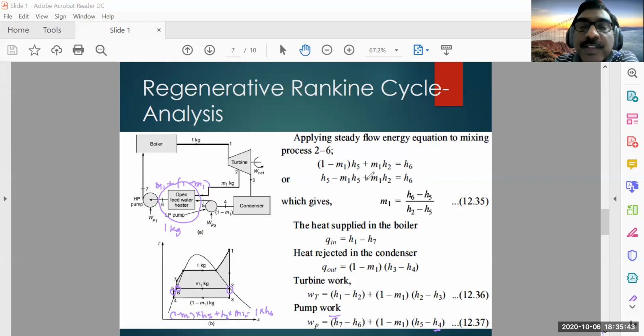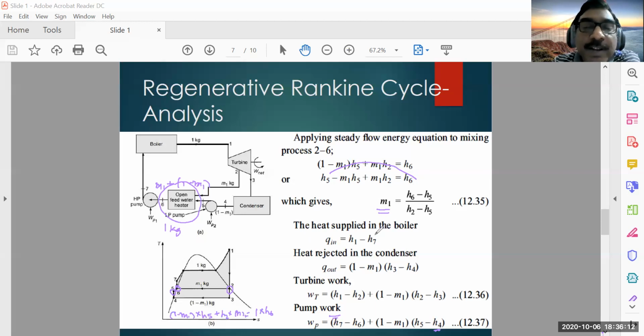So if you take m1 common, m1 is equal to (H6 minus H5) divided by (H2 minus H5). So this is the fraction of steam that can be obtained by the values of enthalpies here.